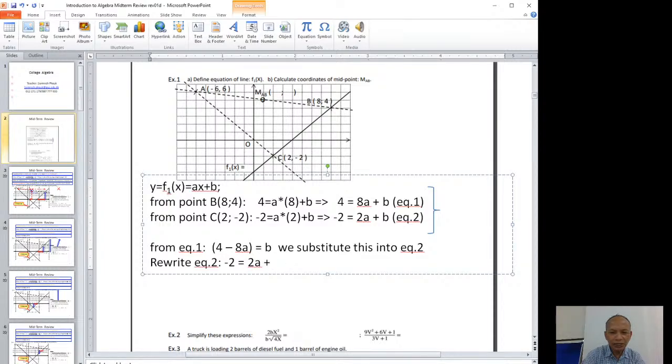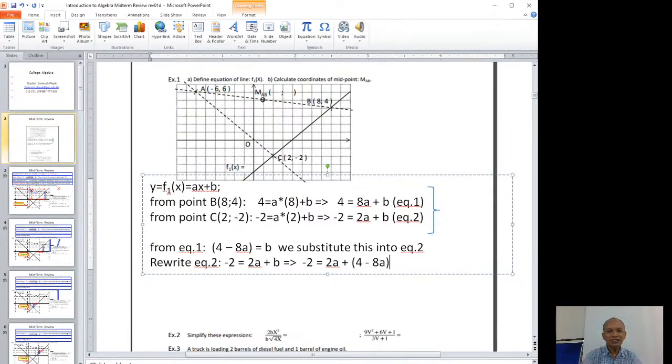So now we rewrite the same, like equation number 2: negative 2 equals 2a plus b. Rewrite again: now negative 2 equals 2a plus the whole thing from above, which means 4 minus 8a.